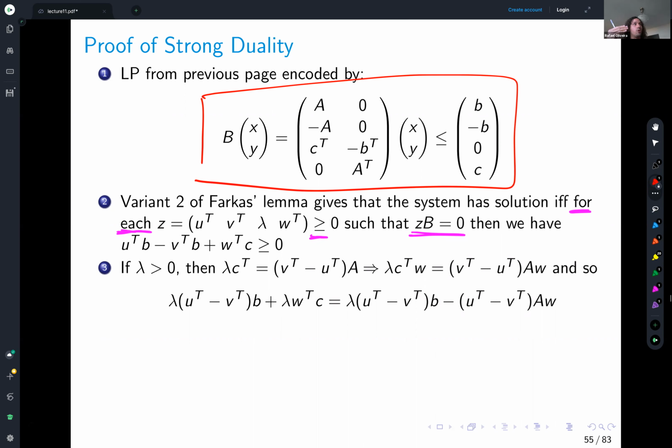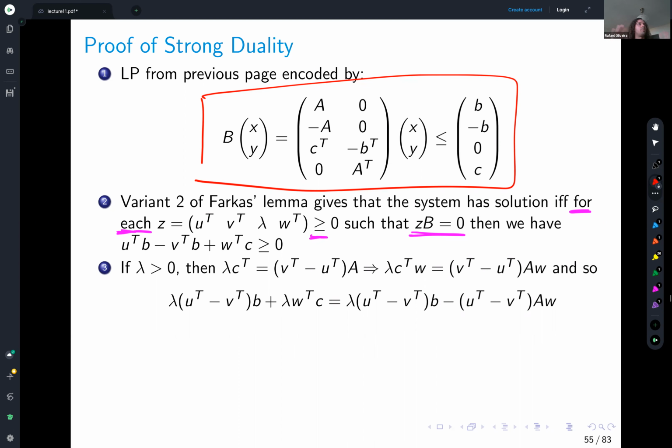So now we're going to actually use this new linear program to show that this linear program in red is feasible. Let's take one feasible solution Z, and the feasible solution Z is a non-negative vector. So there's only 2 cases: one case is that lambda is bigger than 0, and the other case is that lambda is equal to 0.